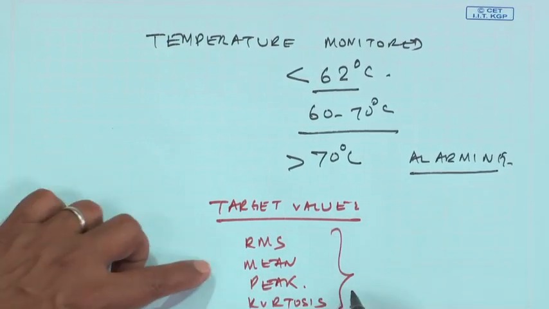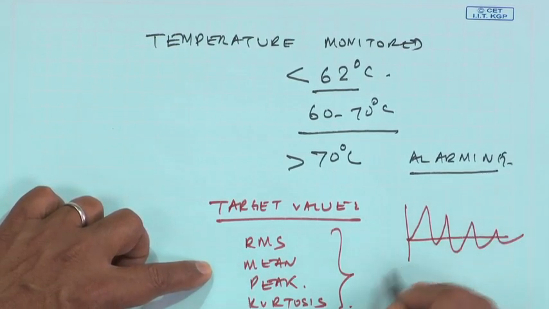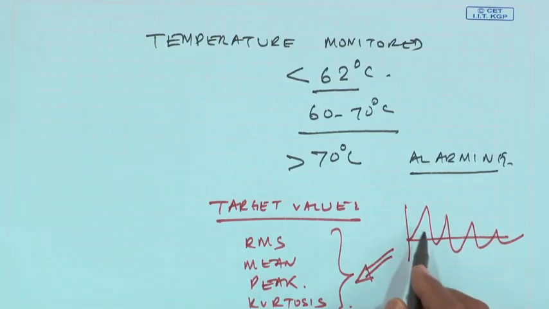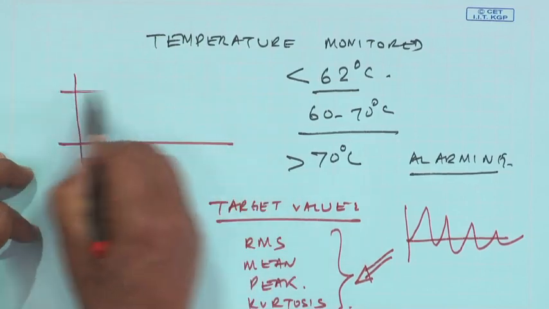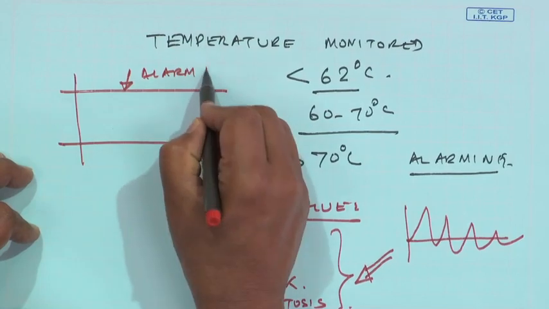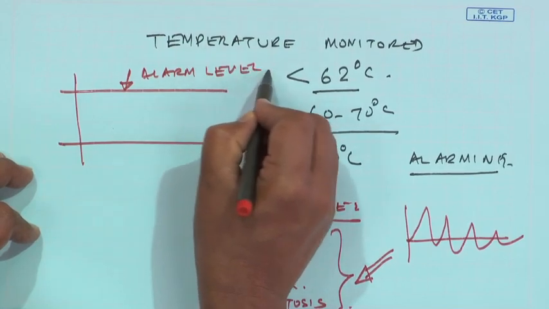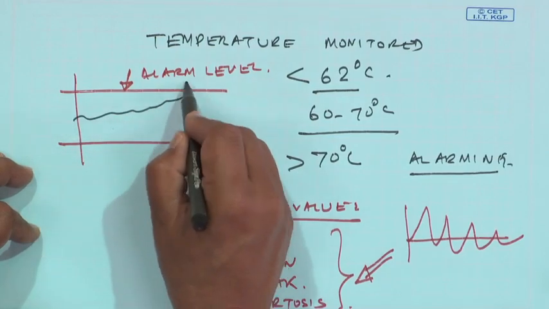We all know about this right now. Any signal which has been captured online and analyzed and its parameters determined, we can set preset conditions that this is the alarm level, and I would not let the parameter which I am measuring go up to this point.